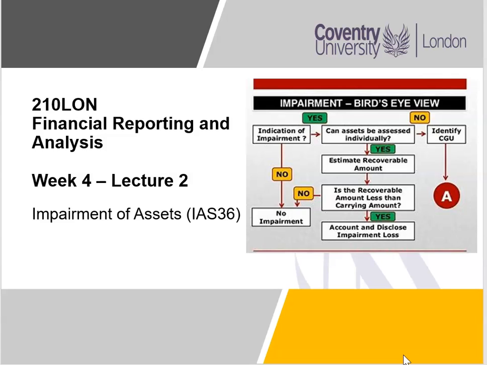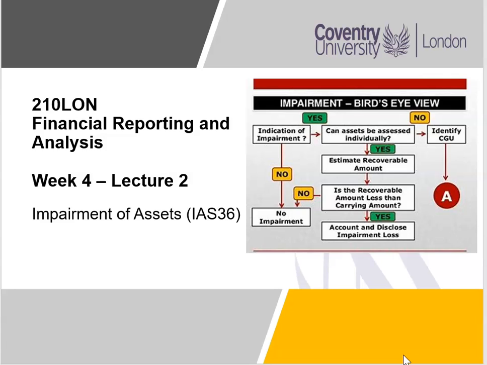In this video, we are going to look at IAS 36 Impairment of Assets. In the first video, we considered intangible assets under IAS 38, and we looked at specifically purchase goodwill from IFRS 3 business combination.